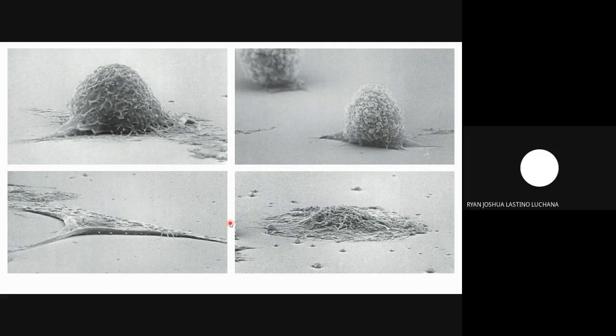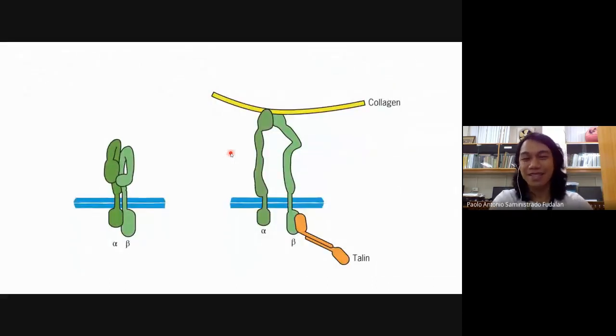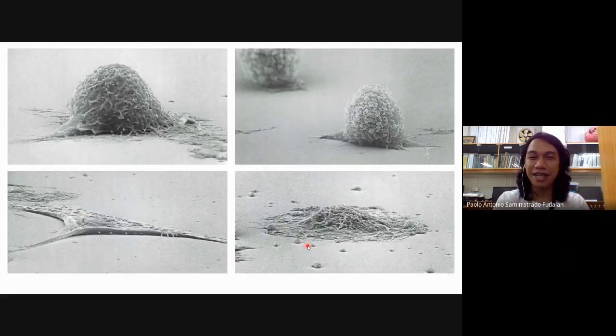The cell is using some sort of attachments to attach itself to the flat surface. Yes, okay, so this is a glass surface, maybe in a petri dish, and the live cell is placed there. So the cell is attaching itself using what? Using the integrin, okay? So the cell is attaching itself onto the surface using integrins.